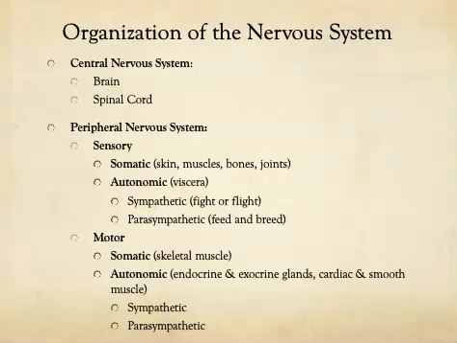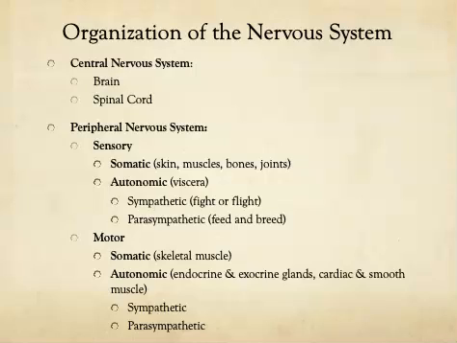Now, within the sensory side, there are both somatic and autonomic branches. That word somatic just refers to certain voluntary sensory functions. These somatic nerves tend to influence skin, muscle, bones, joints.